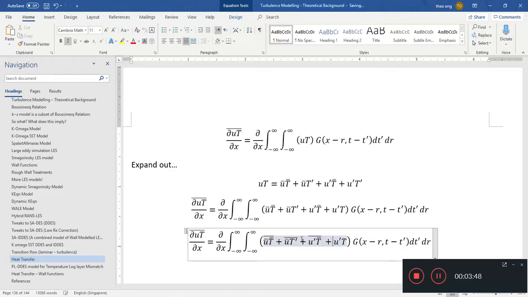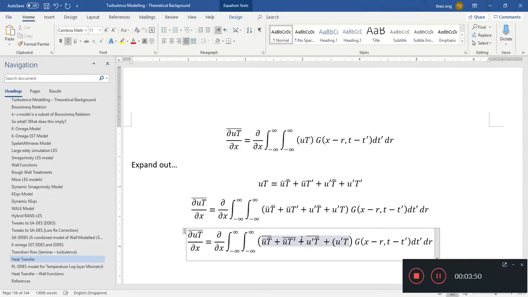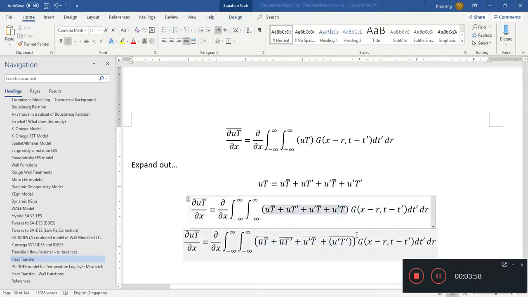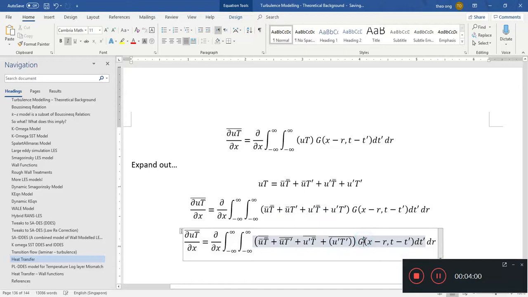And this term should have a t prime at the back. Alright, I should bring this whole thing out now.